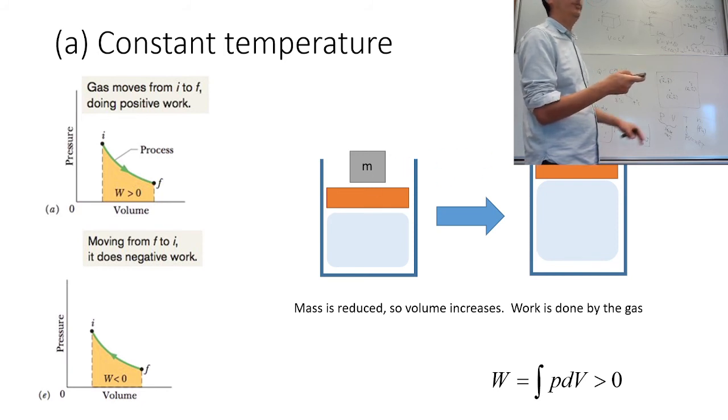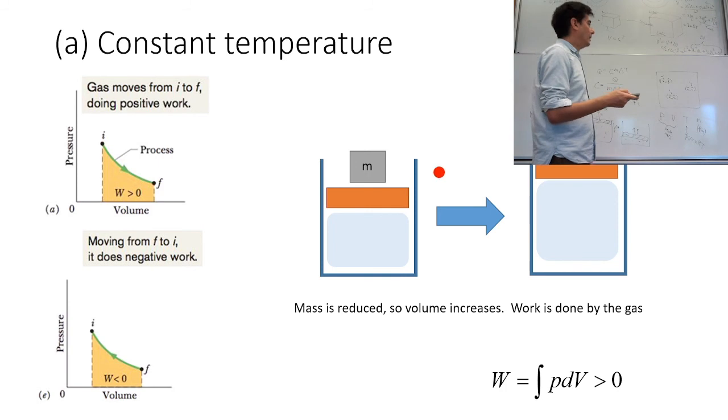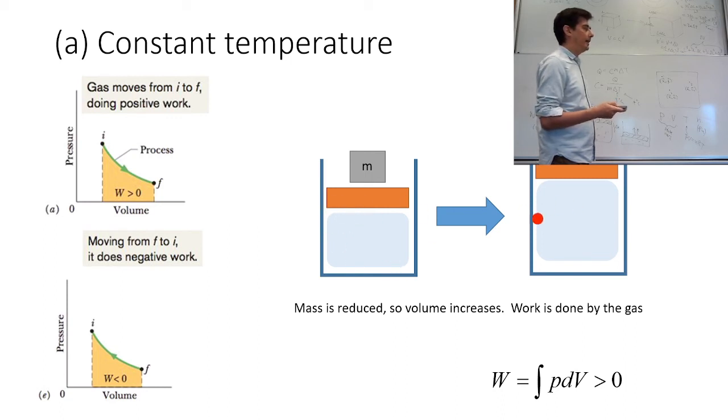Because it has a smaller mass, it would expand. And in this case, we're not going to change any temperature of the gas. We're not going to apply any heat or anything like that. All that's going to happen is that we replace this mass, and then it will expand this way. And that will actually achieve some work because it's raised this mass by some height.